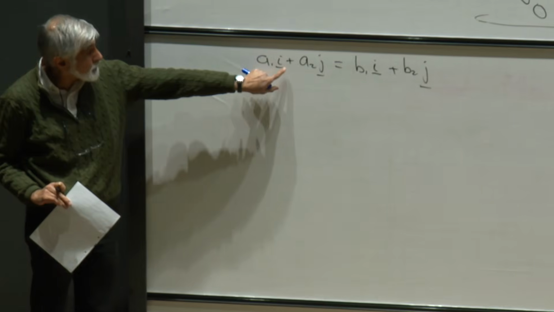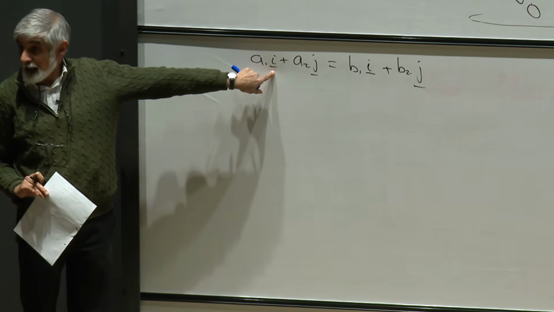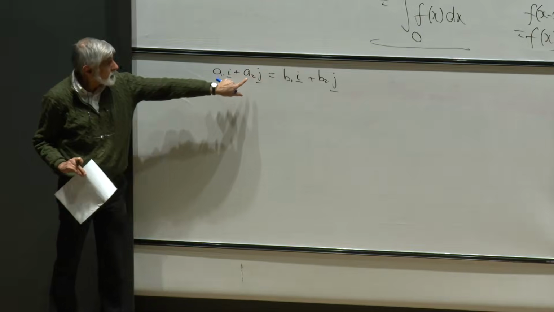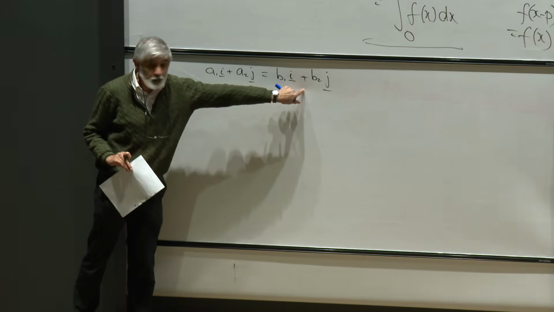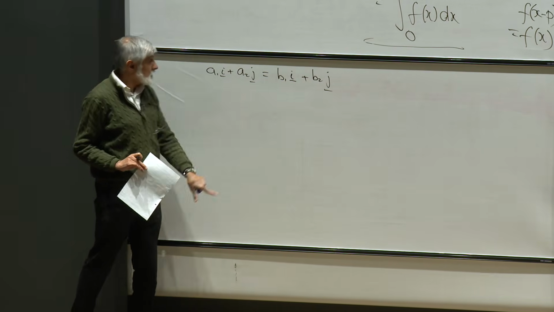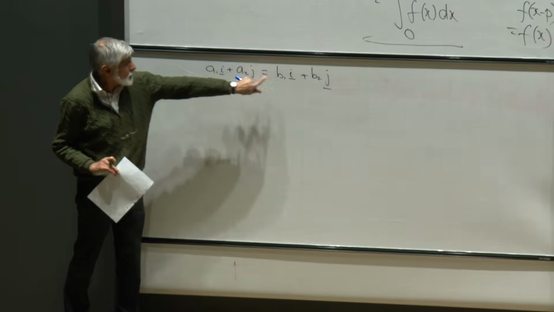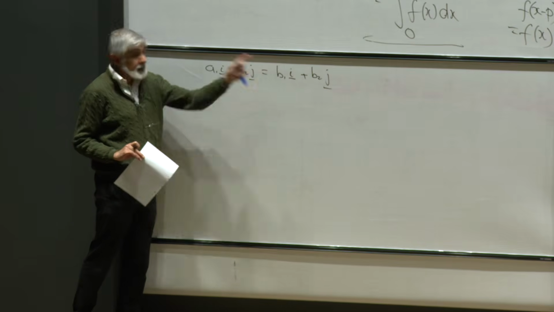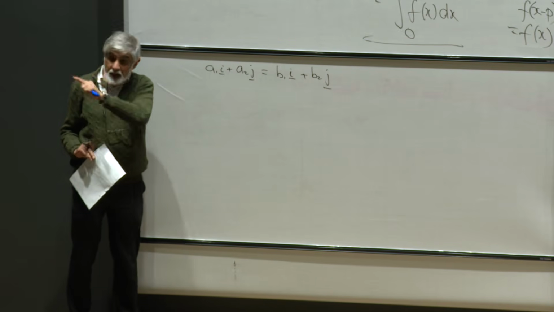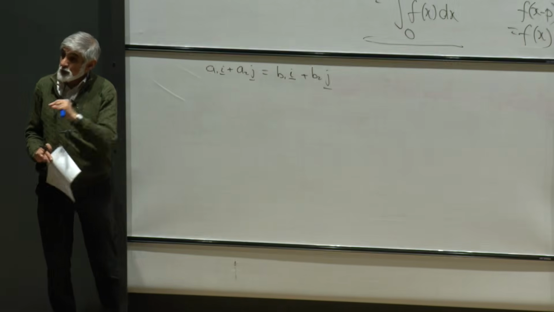If you take the dot product with i, then that's a1 i squared, which is 1. j dot i is 0. So you get a1 here, and here you get b1. Take the dot product with j: a2, b2. So you get a1 equals b1, a2 equals b2. So when you say this is equal to this, and this is equal to this, that's what you're actually doing.